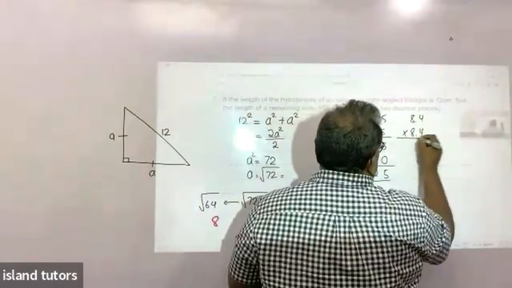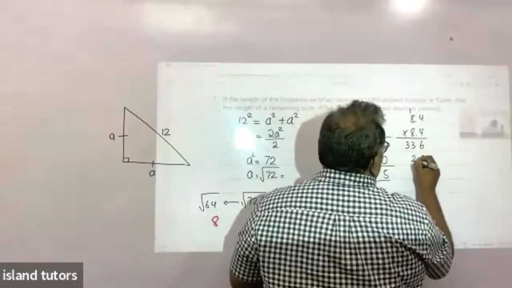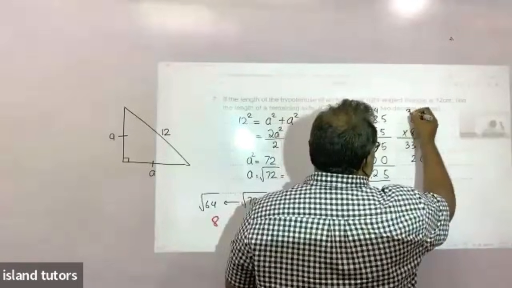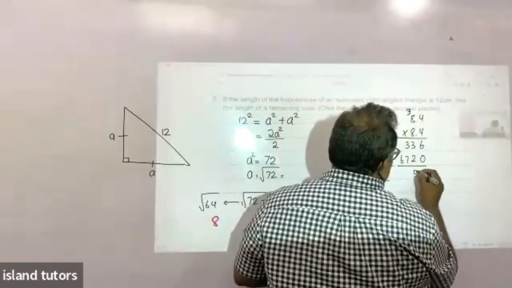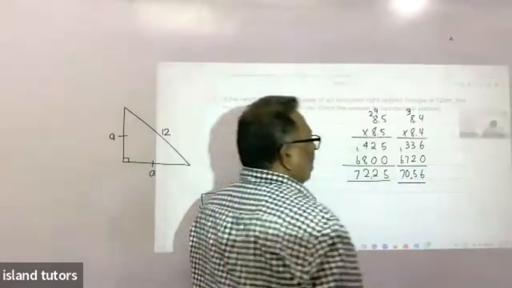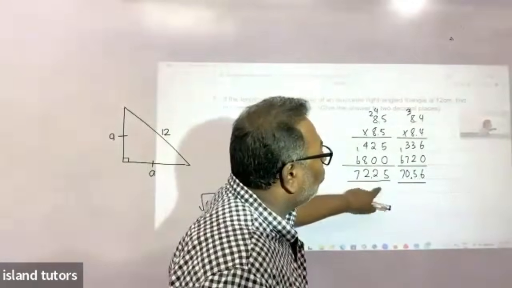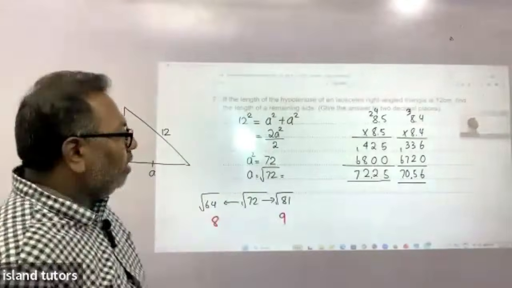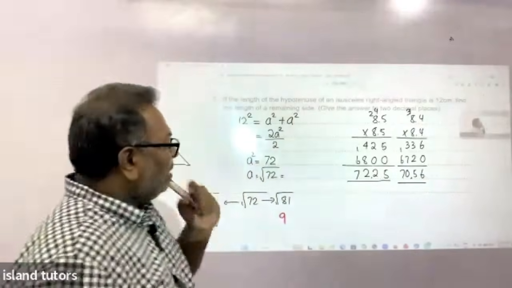8.4 into 8.4, 16, 33, 32 and 3, 67, 70.56. So you can see quickly that 72.25 is the closest value. So they want you to give it to the two decimal places.